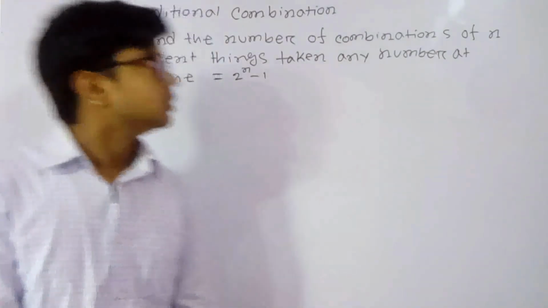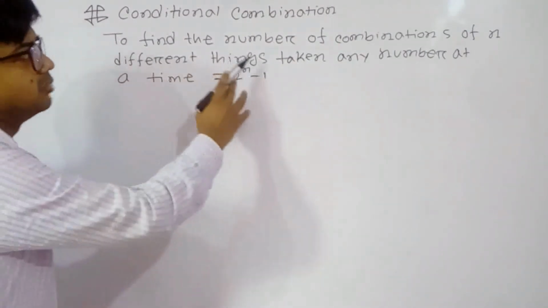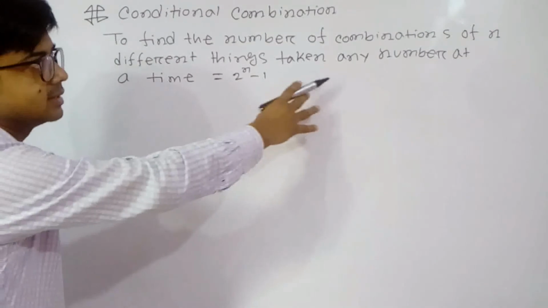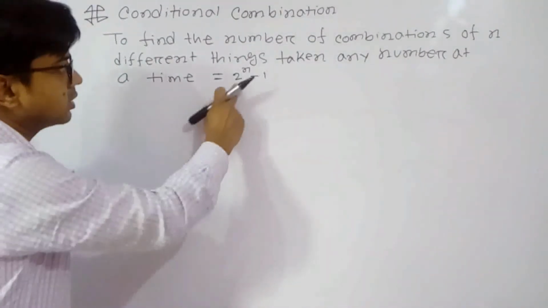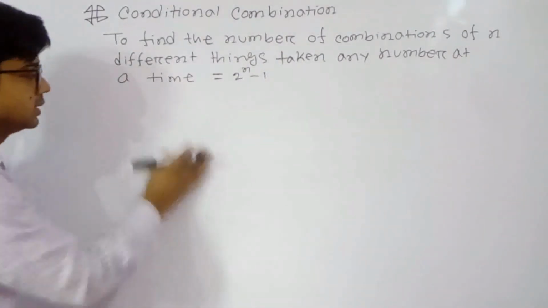Now conditional combinations. To find the number of combinations of n different things taken any number at a time, it will be 2 to the power n minus 1. Here we prove that.